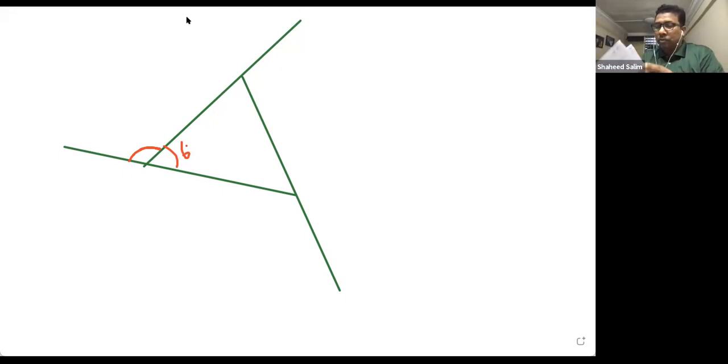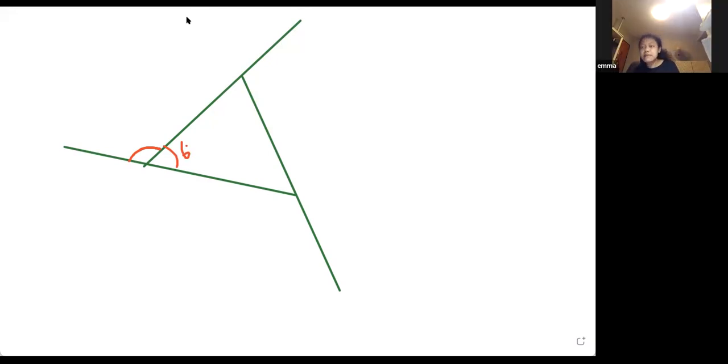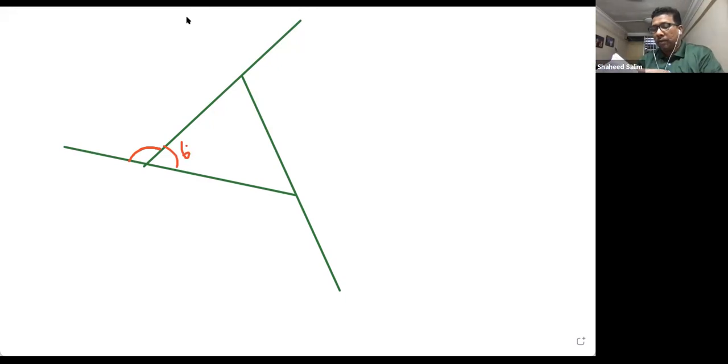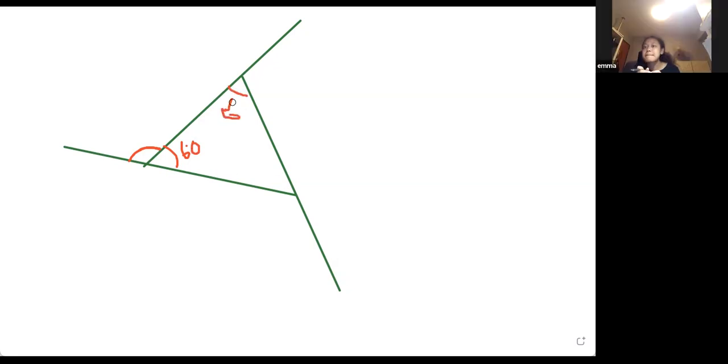I don't want to erase my drawing. Each exterior angle is 60. This exterior angle, you put it as 60 inside, means this equilateral triangle, you're correct lah. 60 is triangle.